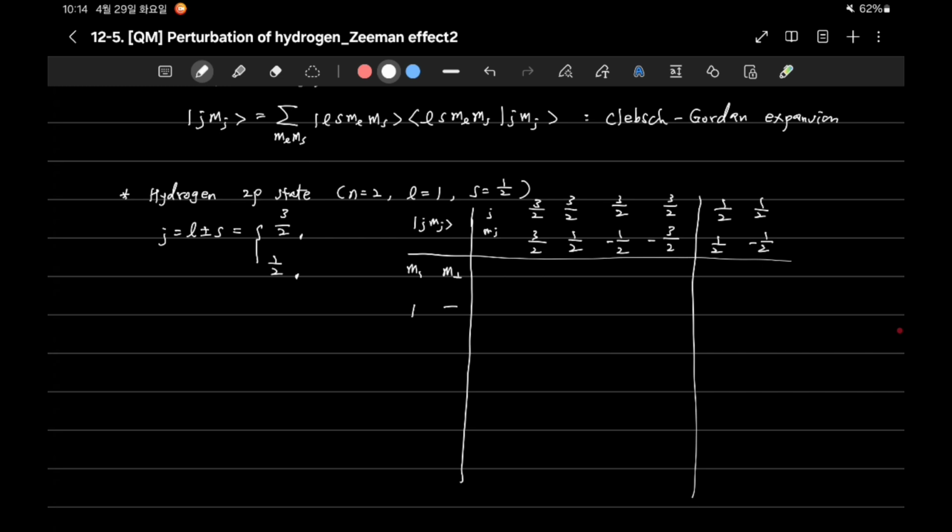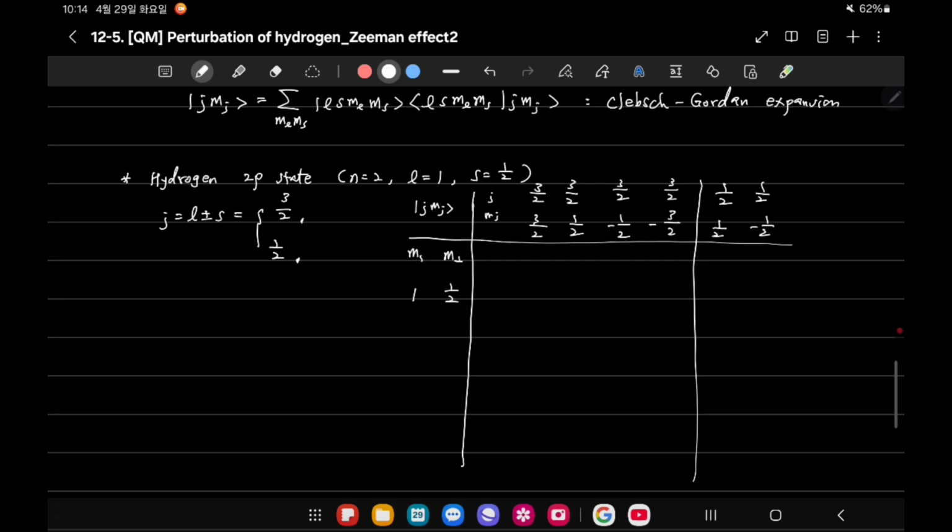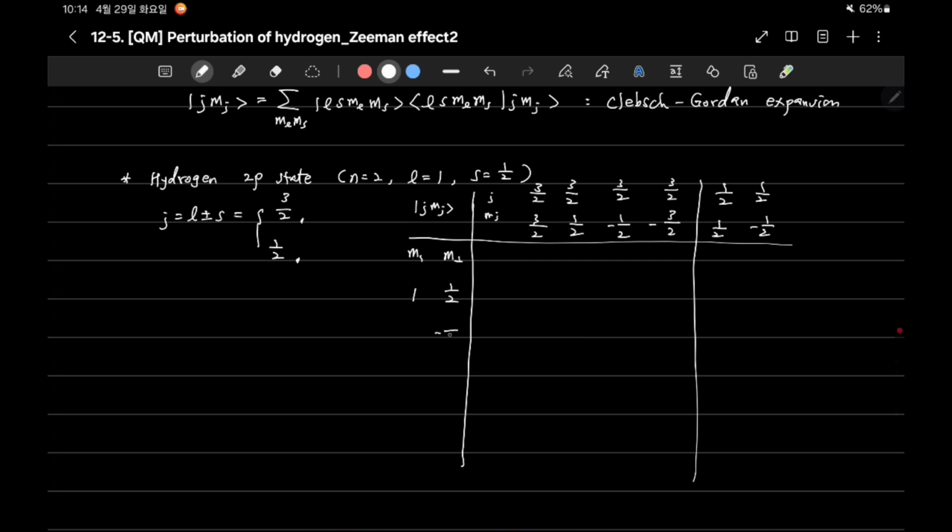It makes one case, and then it is 1/2 and minus 1/2. For the 0 case, also 1/2 and minus 1/2, and for the minus 1 case, 1/2 and minus 1/2.